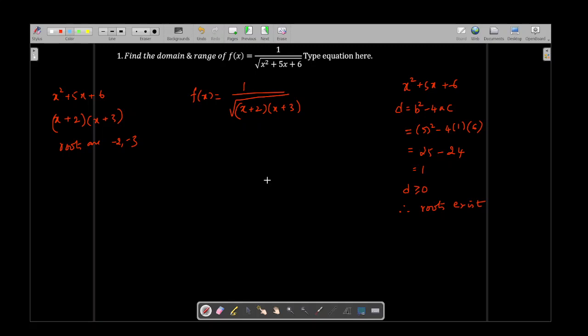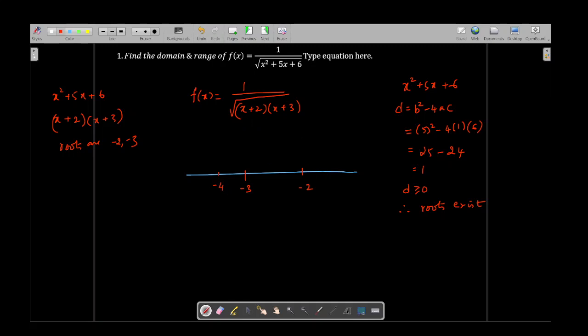So what is the domain of this function? Let me bring the number line. The roots are minus 2 and minus 3. So minus 3 comes over here, minus 2 comes over here. If you take anything less than minus 3, take minus 4.